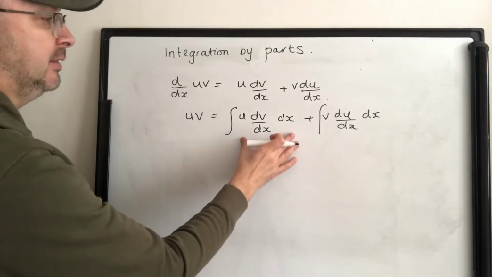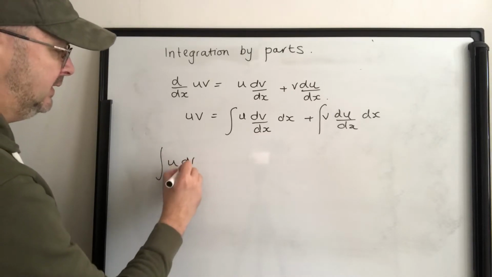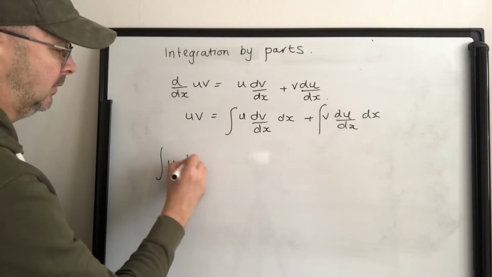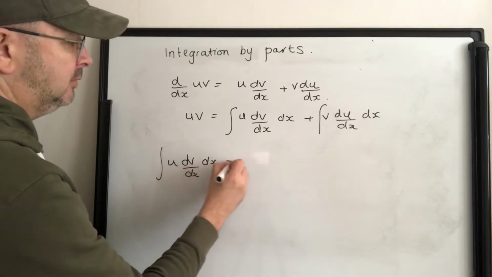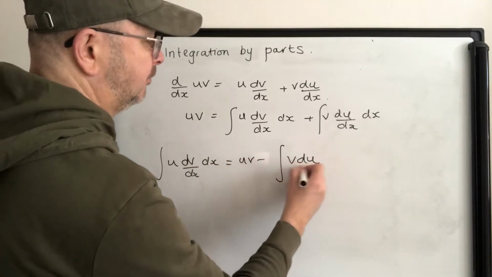Rearranging to make that the subject, you get the integral of u dv dx equals uv minus the integral of v du dx.